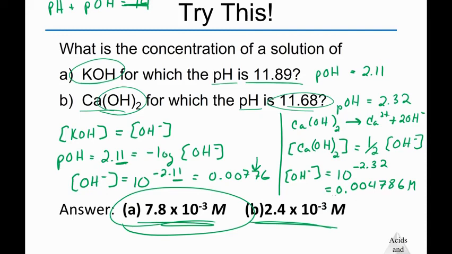And then I'm going to divide that by 2 because I have twice the concentration of hydroxide as I do for my calcium hydroxide. And they're asking you for the concentration of calcium hydroxide. So that is how we come up with this answer.